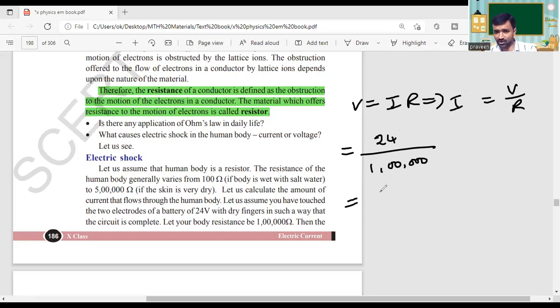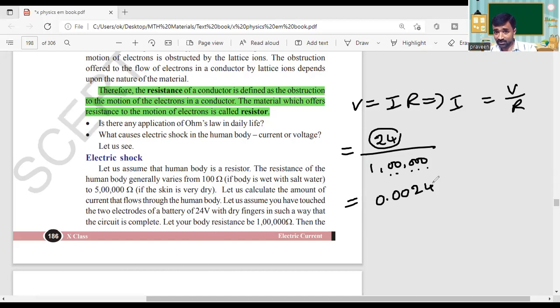Then what will be the value? You are getting 1, 2, 3, 4, 5. Okay, sorry, here already it is 2 places, right? So it is moving, then becoming 0.0024, right? I got what my mistake is.